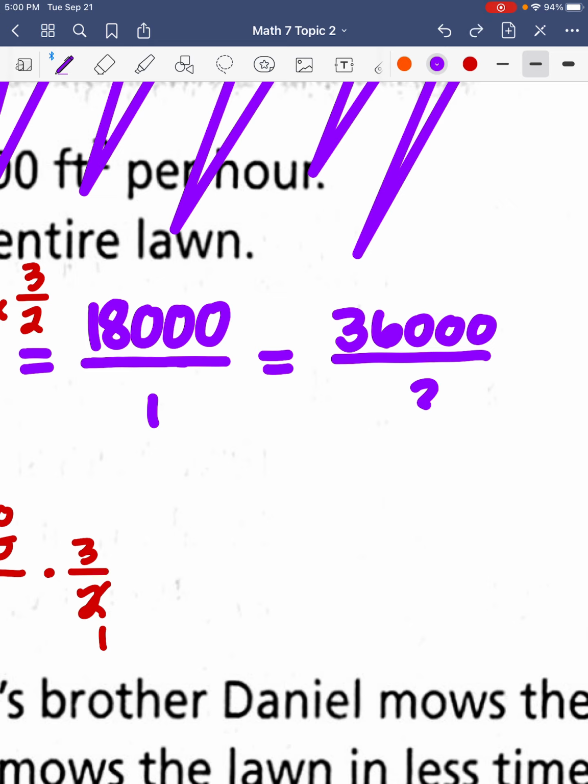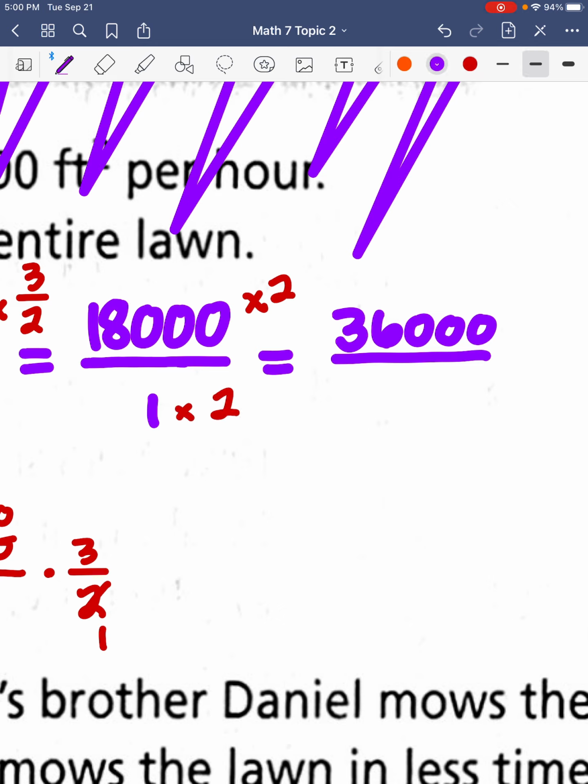So my question now is, how am I going from 18,000 to 36,000? Either through multiplication or division. That's right, I'm going to multiply times 2. And if I multiply times 2 on the top, what should I do on the bottom? Multiply times 2. That's what keeps it equivalent.